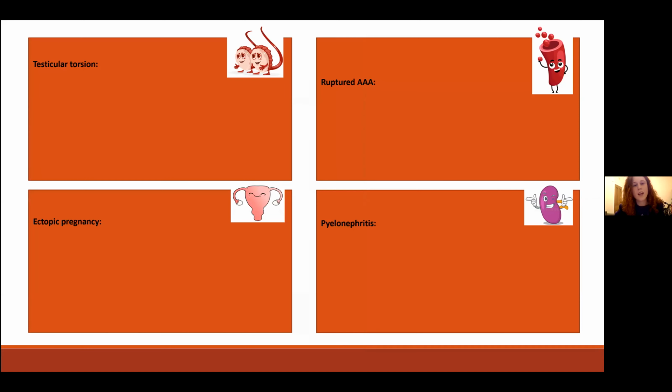So this slide, I've gone through the main ones I wanted to go through. This slide, I've just got a little summary of each condition. So let's start with testicular torsion. Does anyone know what the presentation of testicular torsion could be?